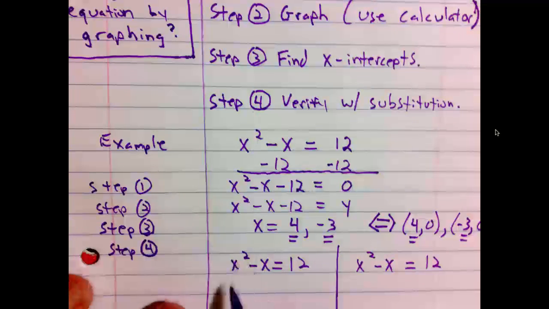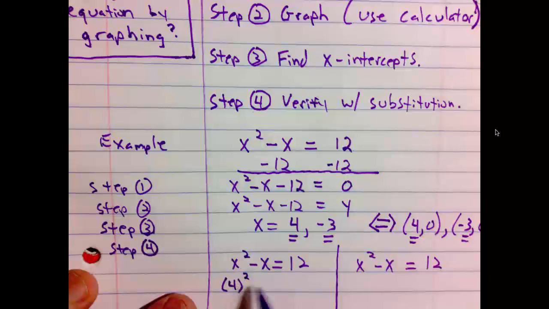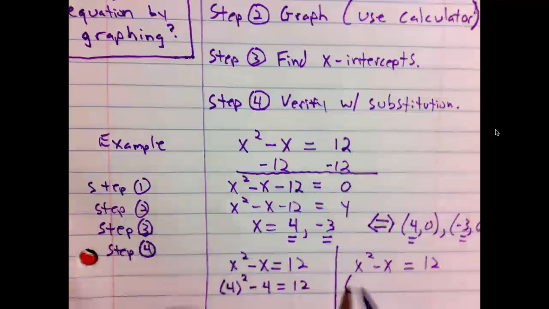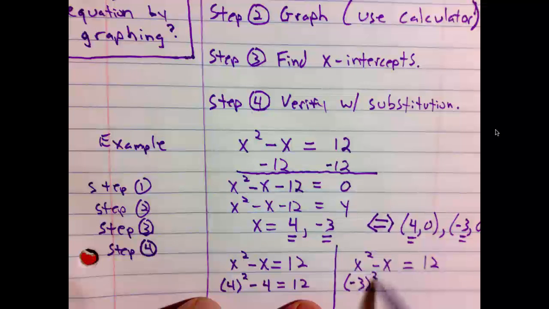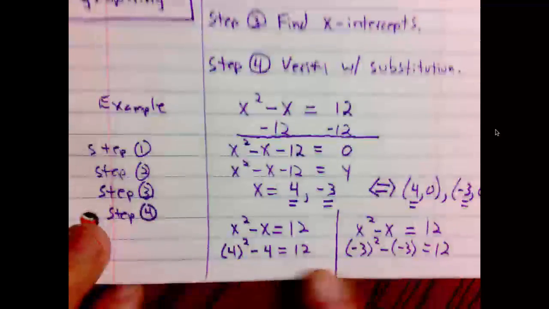Substituting 4 in place of x. So here we have 4 squared minus 4. Is that equal to 12? And now -3. -3 squared minus a -3. Is that equal to 12? We want to see if these yield true statements.